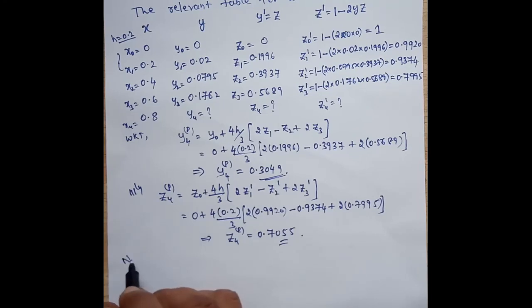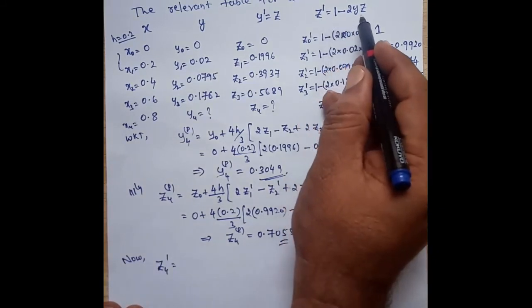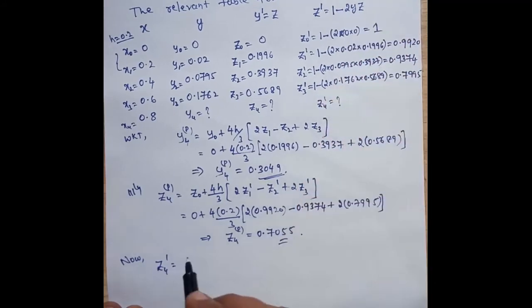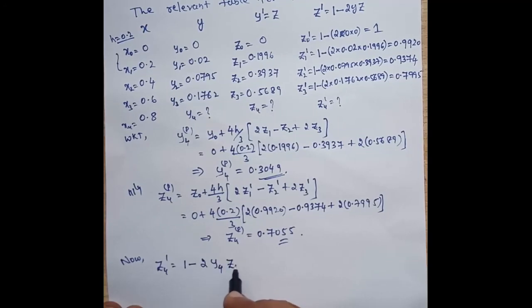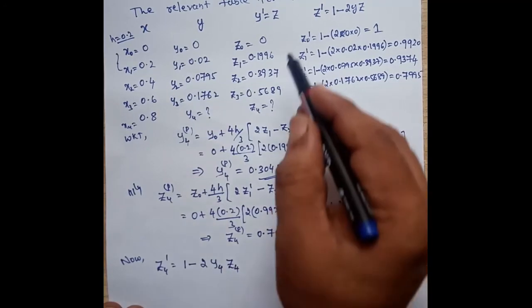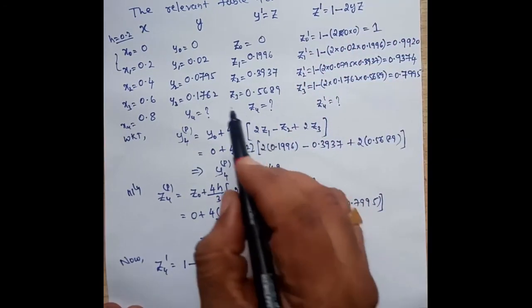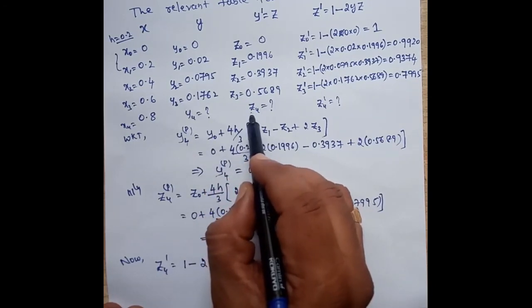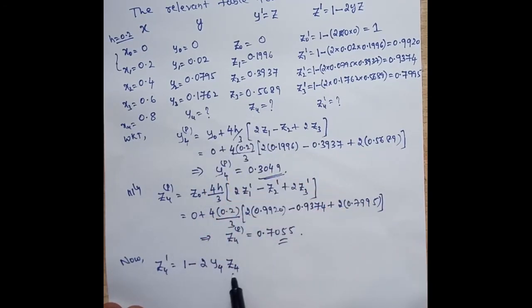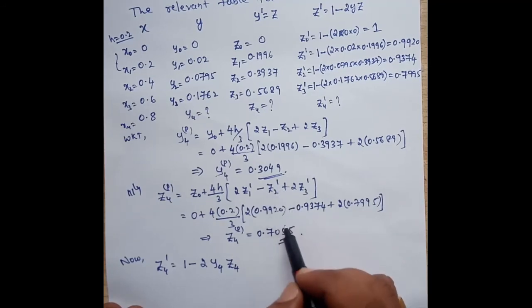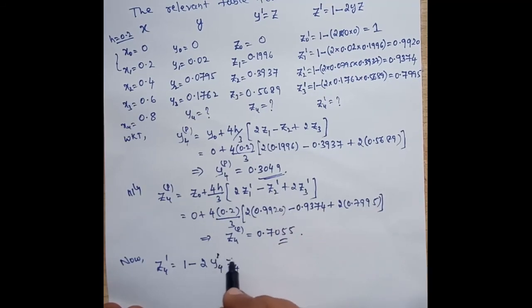So z4 dash equals, you know z dash is 1 minus 2yz. So z4 dash becomes 1 minus 2 y4 z4. But what is y4 z4? We cannot find it from the table. But y4 and z4 we have already calculated as predicted values, so here I'll put p, meaning I'm using the predicted values for these two. Substitute now.